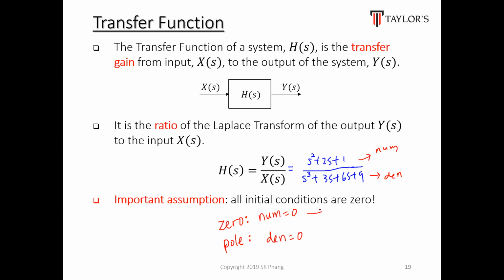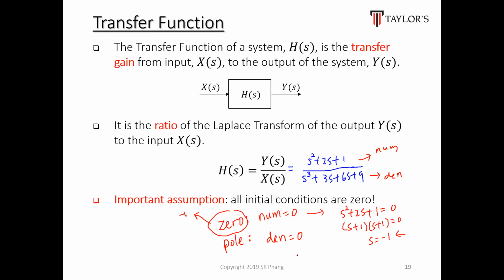So what do I mean here? Numerator equals 0 means s squared plus 2s plus 1 equals 0. So I can factor this: (s plus 1) squared equals 0. So s equals -1. So this -1 is my zero. All right, -1 is my zero in this case.